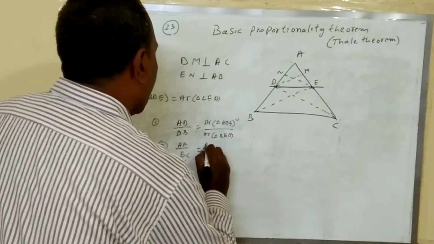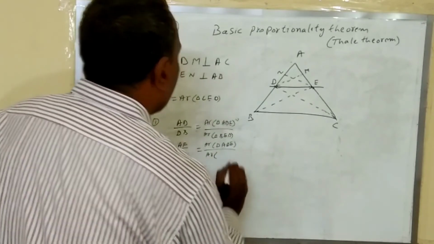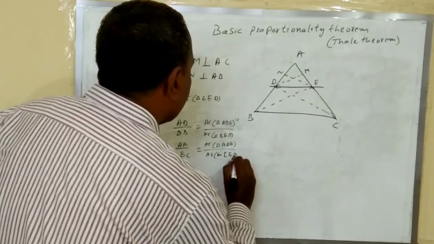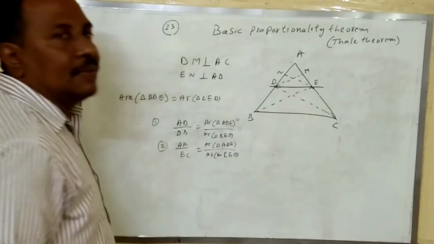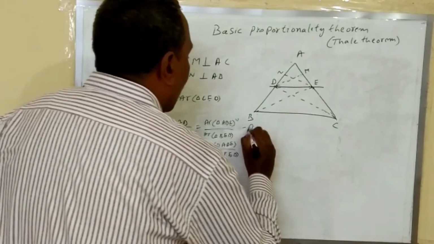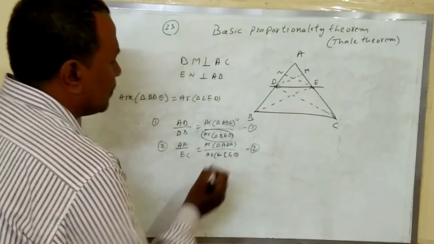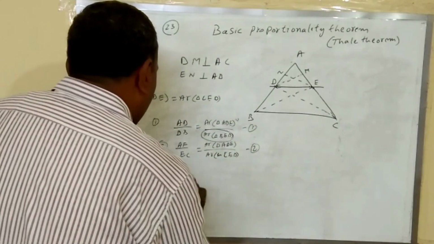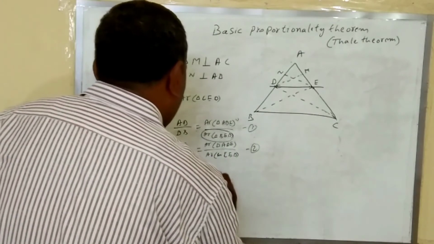And AE by EC is equal to area of triangle ADE by area of triangle CED. Already we know that these two triangles, BED and CED, are maintaining equal area. So from 1 and 2, you can replace this with the same triangle, so both will be equal. So naturally AD by DB is equal to AE by EC.